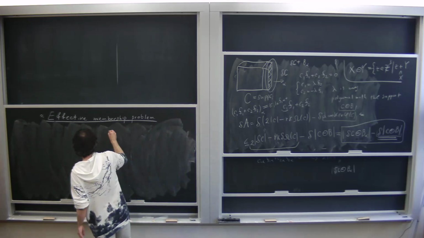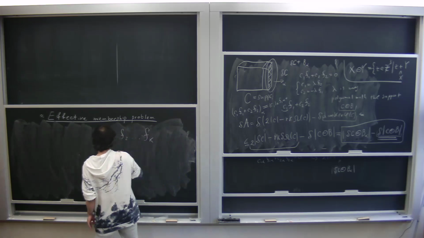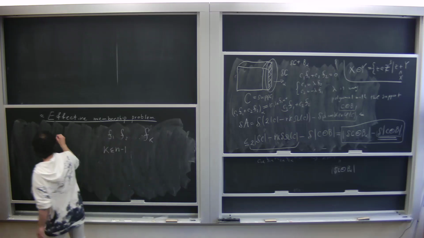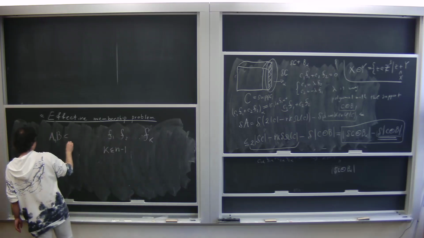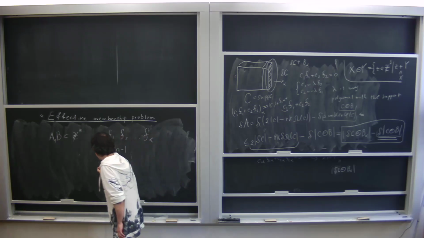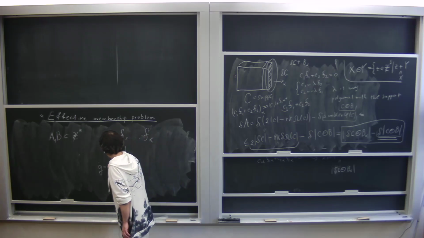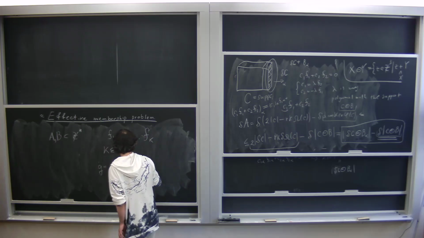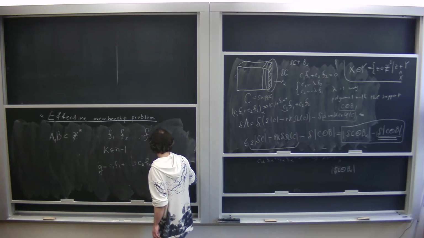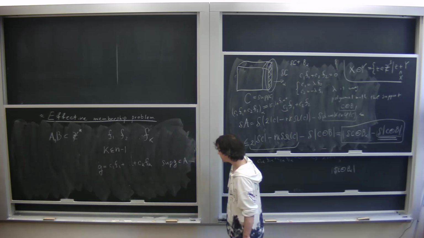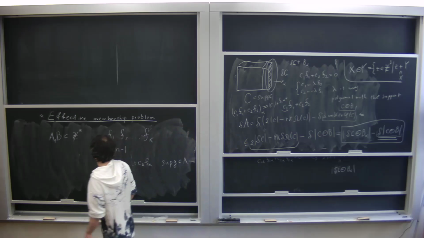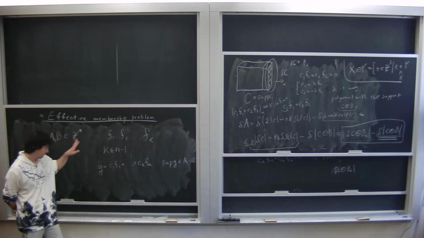If you have a tuple of polynomials f1, f2, etc., fk, where k is at most n-1, and A and B are a couple of polytopes in Z, and then any G which can be represented via a linear combination of these polytopes such that the support of G is in A, then we can find... well, let me just, I'm a little bit fuzzy right now already.